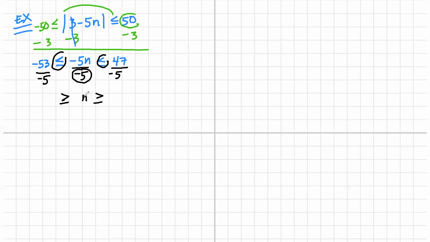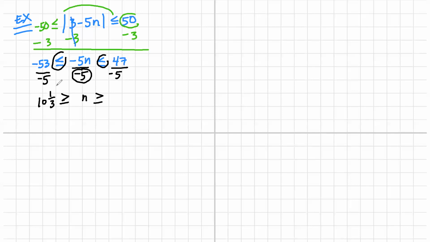Okay, so n is now less than or equal to 53/5. That's like 10 and 3/5, 10.6. My brain is not working mathematically right now.